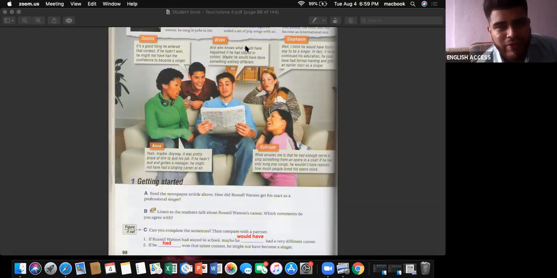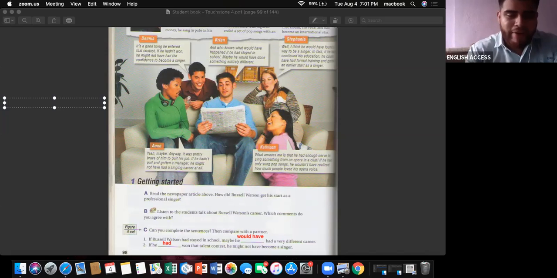Let me explain to you what we are learning. Here we have the third conditional. Have you heard of this? Third conditional? Okay. The third conditional is if plus the past perfect, comma, past modal.